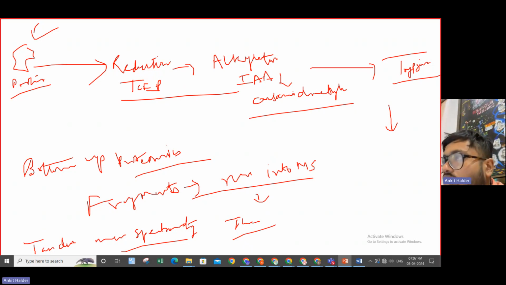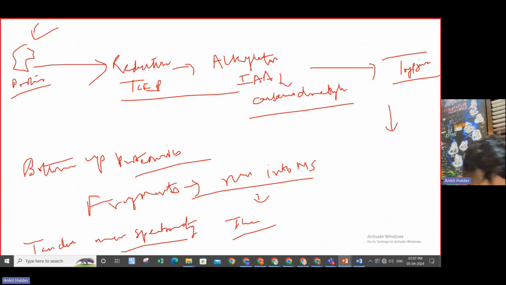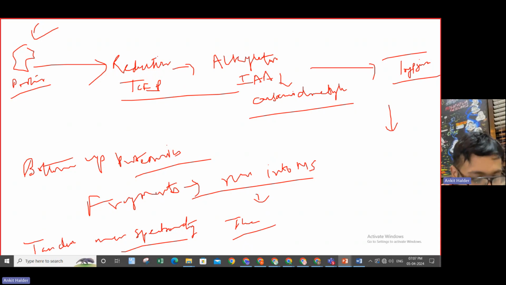Now we will be looking into some of the repositories, and how those can be utilized for different important biological information. So we would be looking into that aspect.